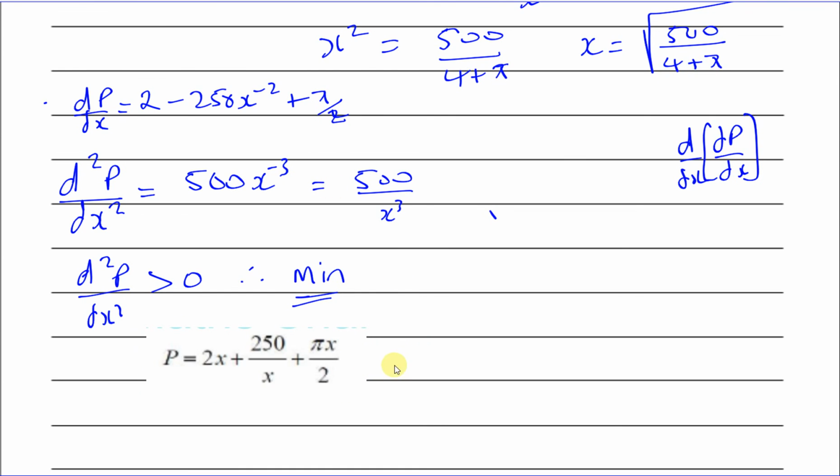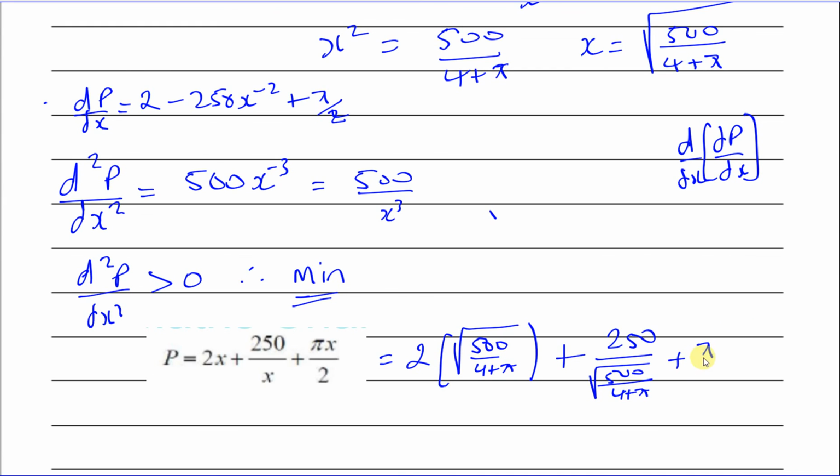I'm just being a bit extra here, so I'll put 2 times the square root of 500 over 4 plus pi, plus 250 divided by the square root of 500 over 4 plus pi, plus pi over 2 times the square root of 500 over 4 plus pi.